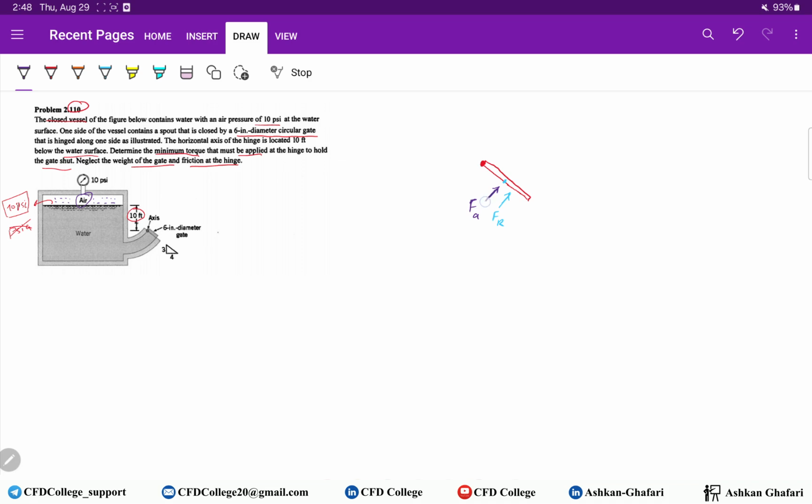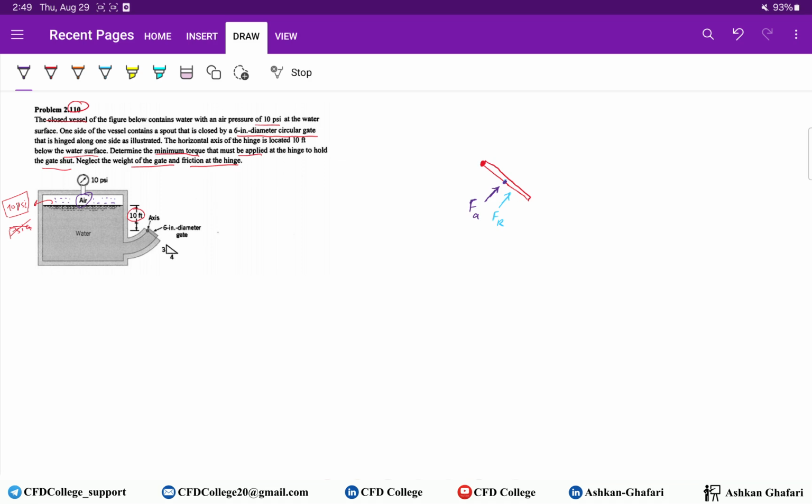That's why we put the force here, and this force due to air acts on the centroid of the gate. So Fr is the force due to liquid, Fa is the force due to gas, which is air here. Now we can find the answer and solve the problem.